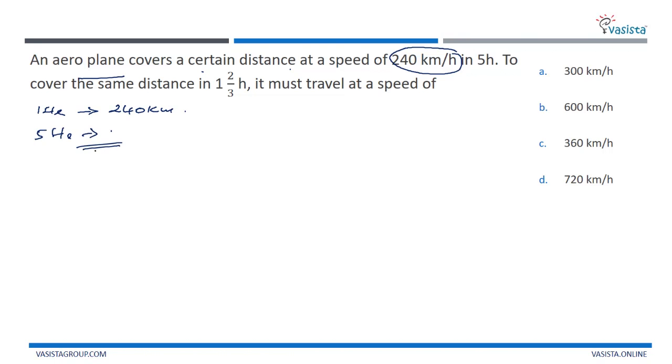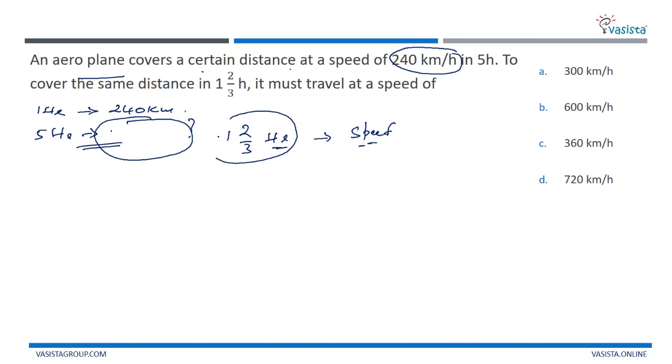That we are supposed to find out first. Then to cover the same distance in 1 2/3 hour, how much speed must it travel at? So we are supposed to find out the speed.